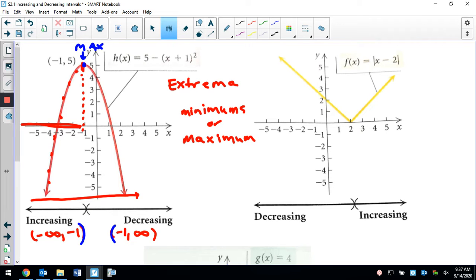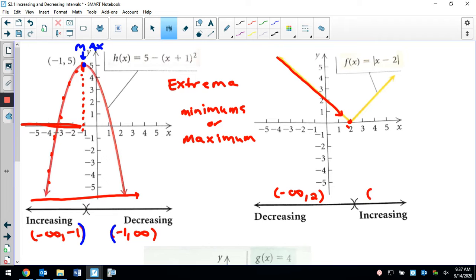All right. The next graph we have is an absolute value function. And you can see that from the left to the right side, it is decreasing until you hit the bottom point of the vertex here. So decreasing on the interval from -infinity to +2.